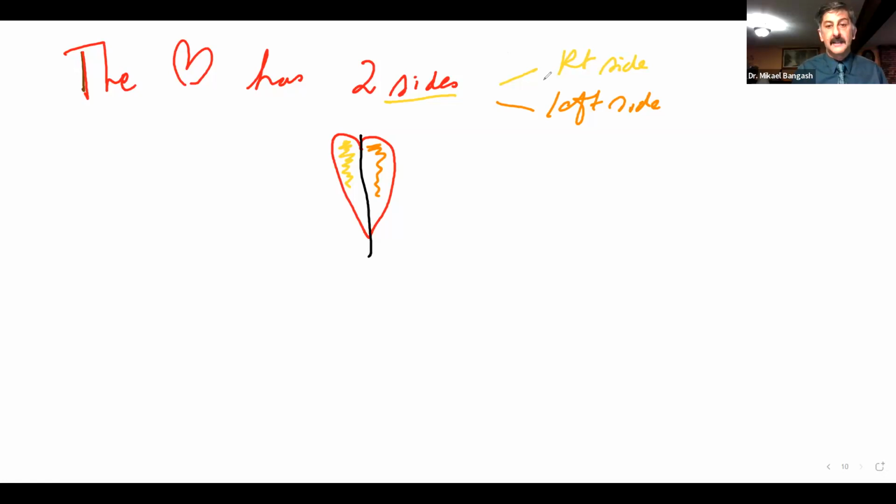Which means when they say right-sided heart, they are referring to this side of the heart here, which is the right side. Whereas if they say left-sided heart, they refer to this side here. Is that clear? Good. So this was one way in which the heart could be divided.